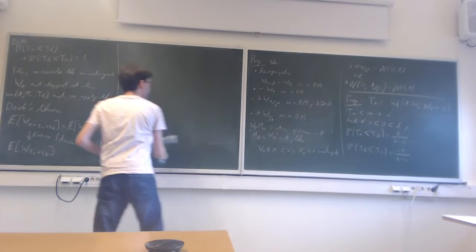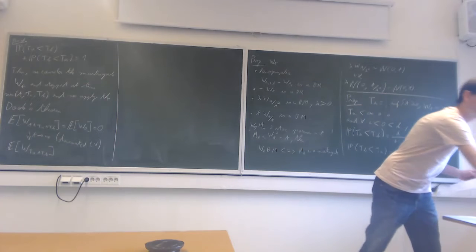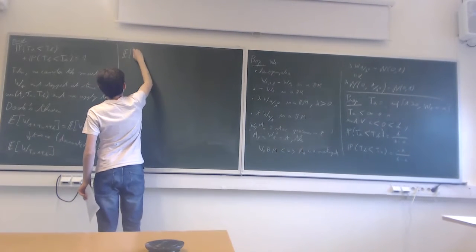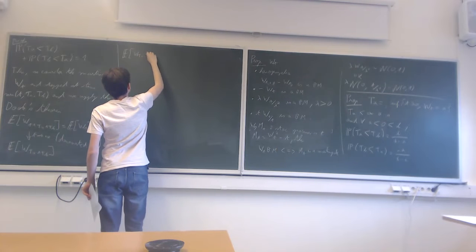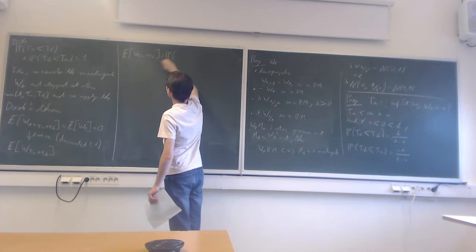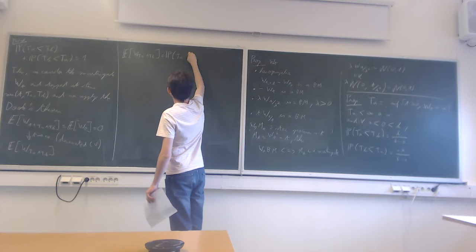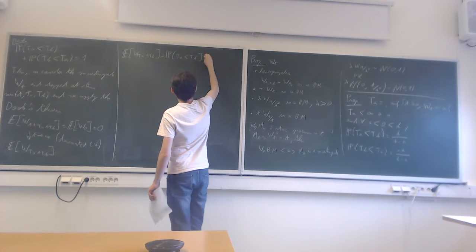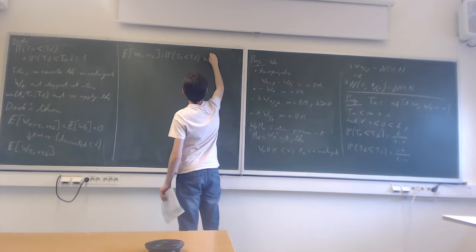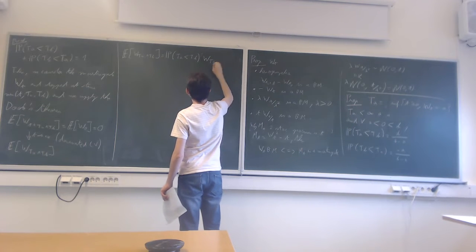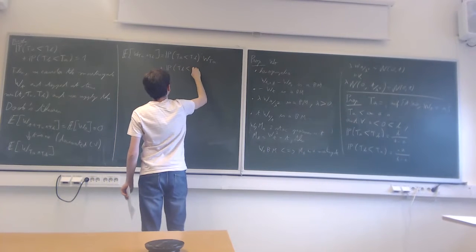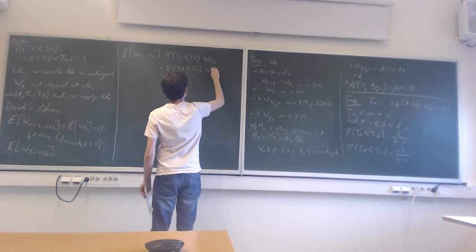Now this expectation, we can actually compute it. The expectation of W at TA minimum TB is equal to, first, let's assume that we are in the case where TA is less than TB. Then we have W at TA, plus the probability that TB is less than TA times W at TB.